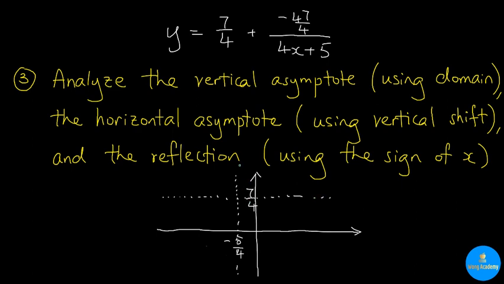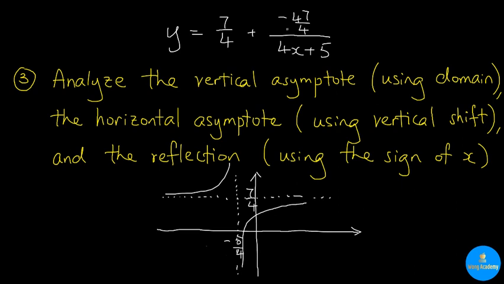Normally, we will graph our hyperbola in this region and this region. However, if we look at this rational function, we see that there's a negative sign in the numerator and a positive sign in front of x in the denominator, which means that there's one reflection in this process. Hence, we'll graph our hyperbola in this region and this region instead.